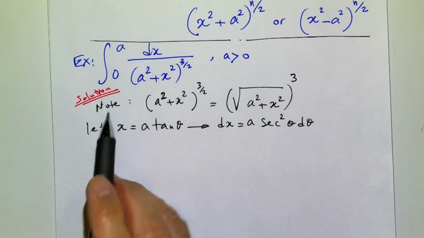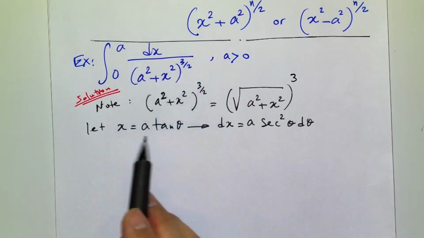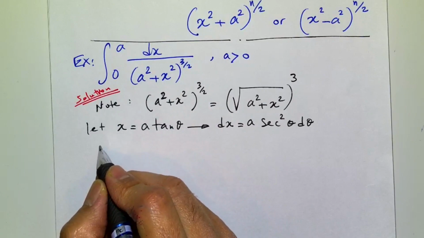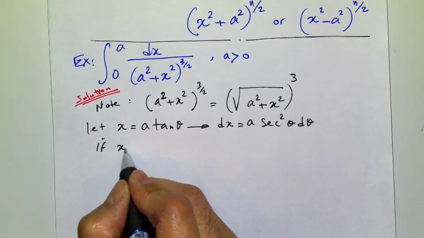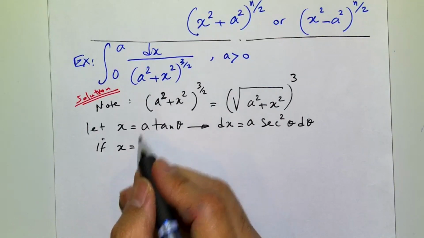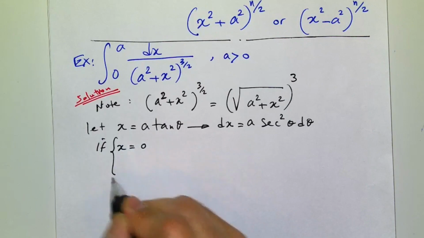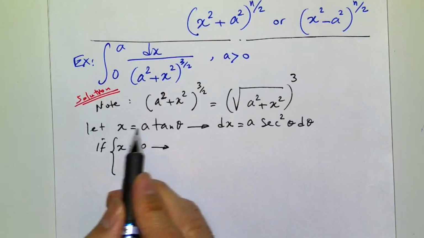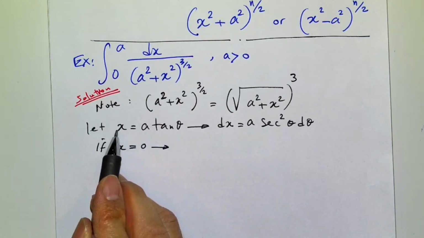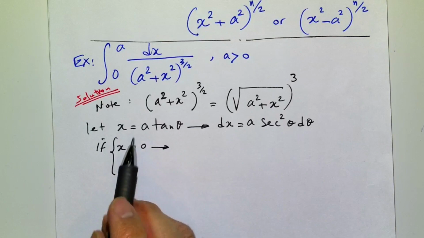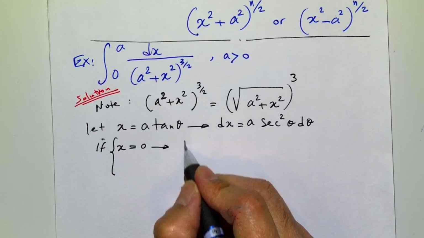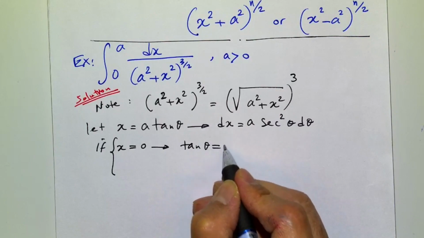So if x equals 0, the lower limit of integration, and we substitute it into this equation, then we're going to get tangent of theta equals 0.